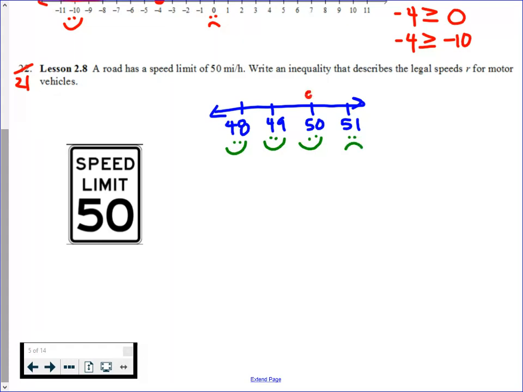I can go exactly 50 or anything less than 50. So we found out that our speed is less than or equal to 50.